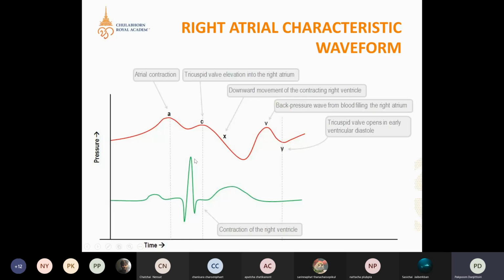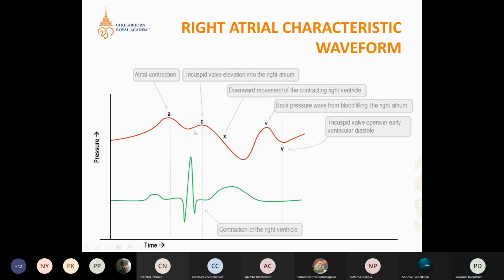So if I draw a line over here, this point is where the tricuspid or mitral valve is closed, right? After that, we go to the systolic phase over here, until the end of the T wave.